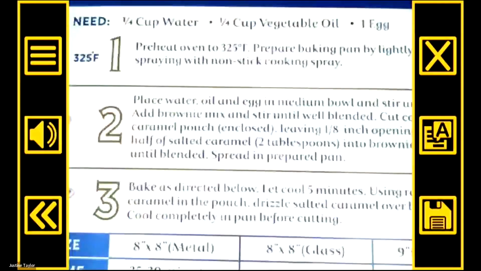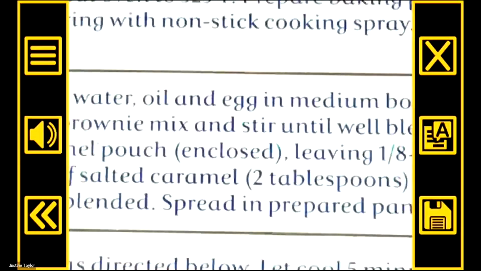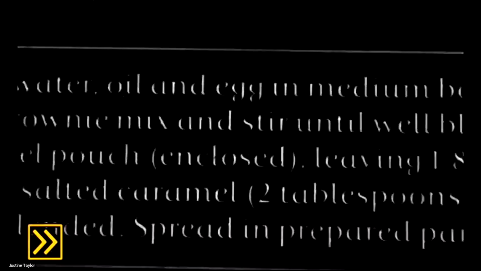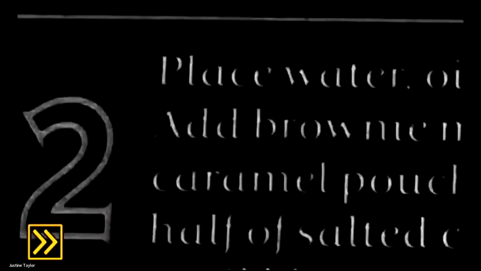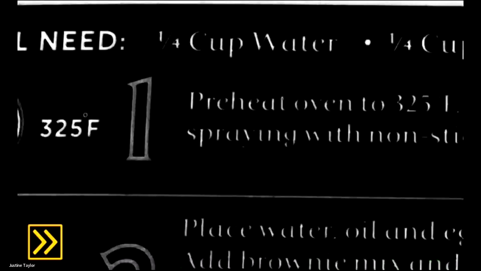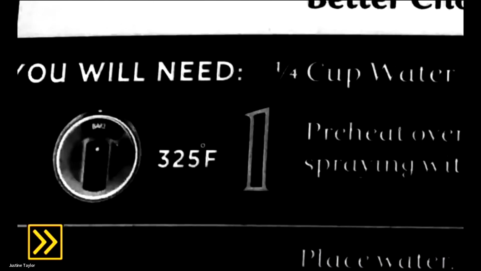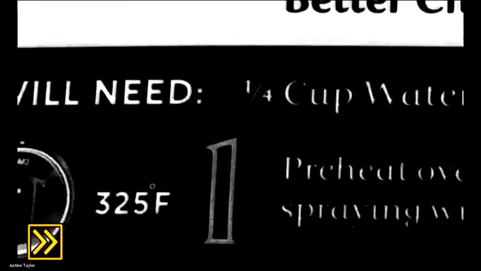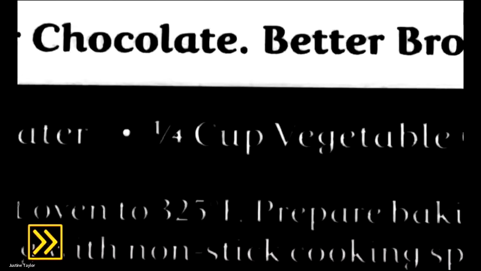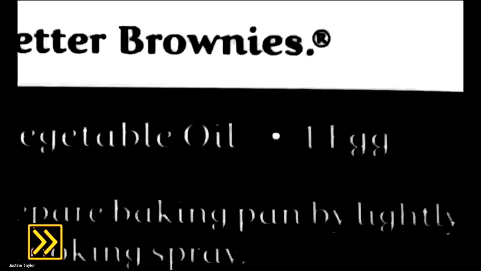Okay. So yeah, we got volume and speed, cloud button bar, scale. So we got a little bit better of a picture here, and we can see that what we need is 1/4 cup of water, and we need 1/4 cup of vegetable oil and 1 egg.